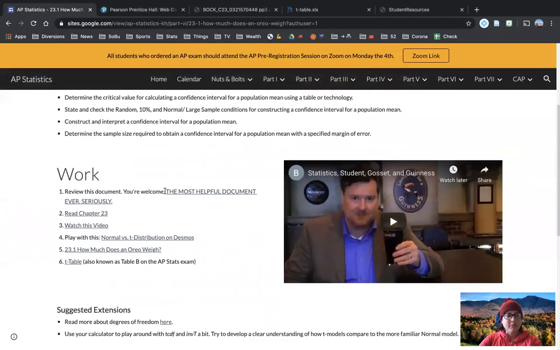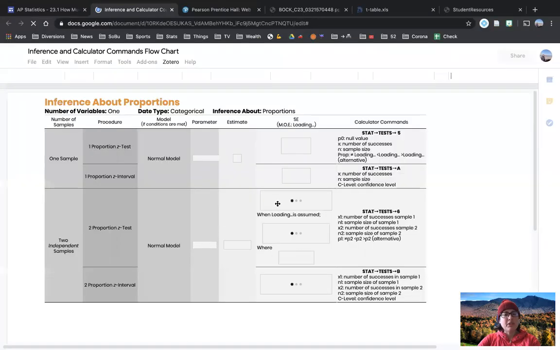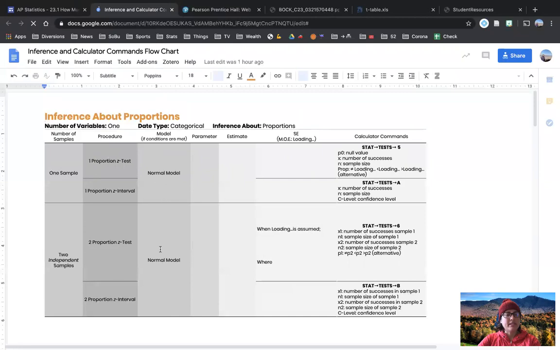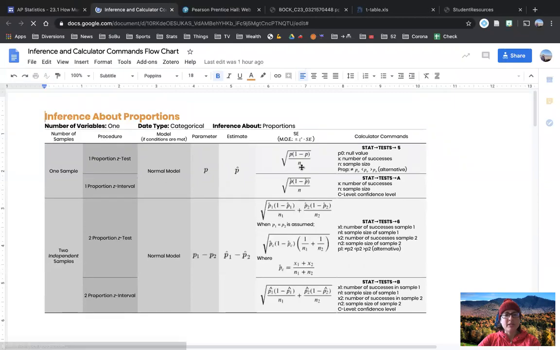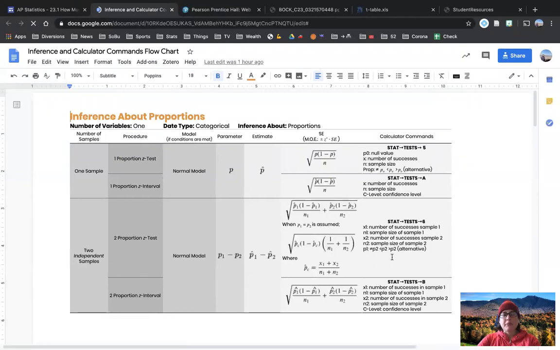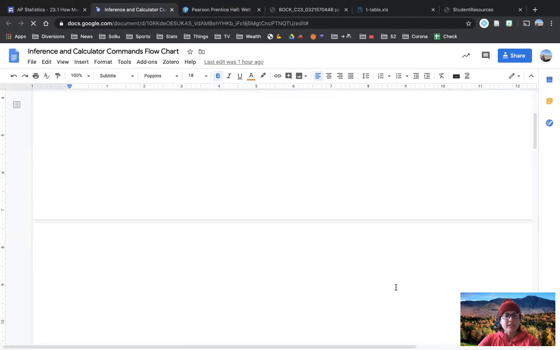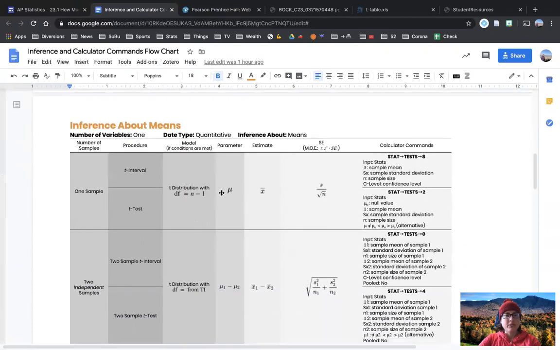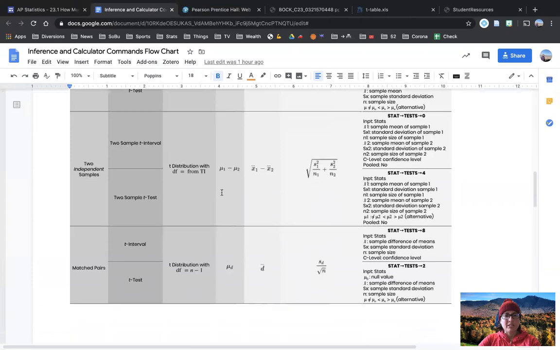There is the most helpful document ever, seriously, that I've made you. It has a flow chart of all of the different types of inferences we've been doing, all of the formulas, how to do the calculator functions. These are the ones that you are going to be learning in part 6.